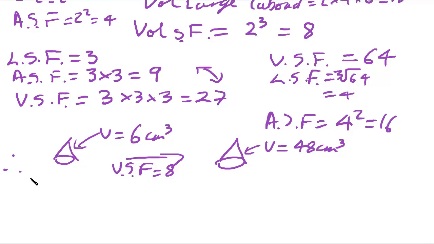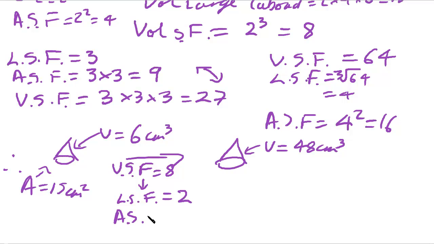So if we are told the total surface area of the small one happens to be 15 centimeters squared, we can now find out the area scale factor. We cube root the volume scale factor to get the length scale factor, which gives us 2, and then we square this to get the area scale factor, which is 4.